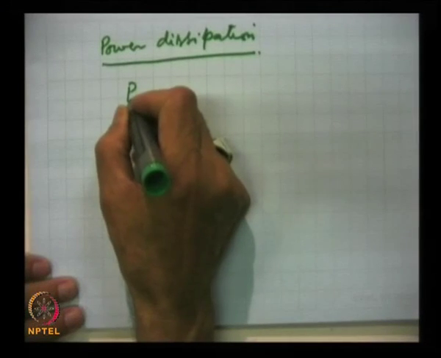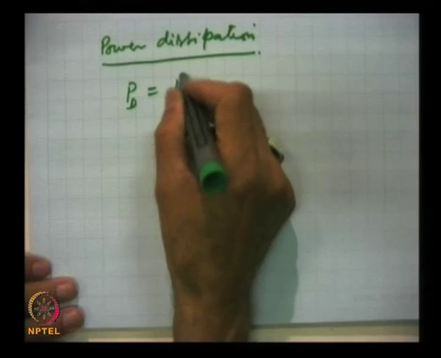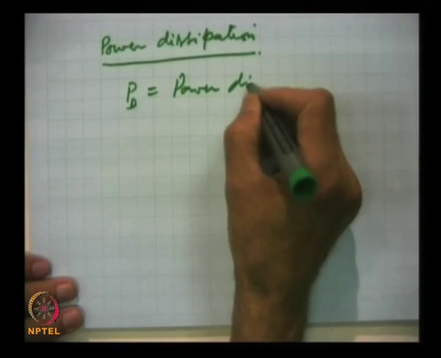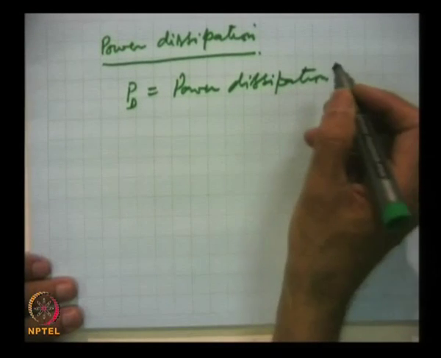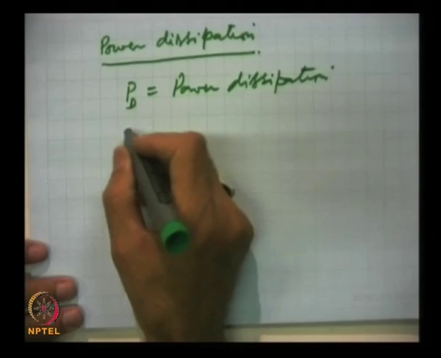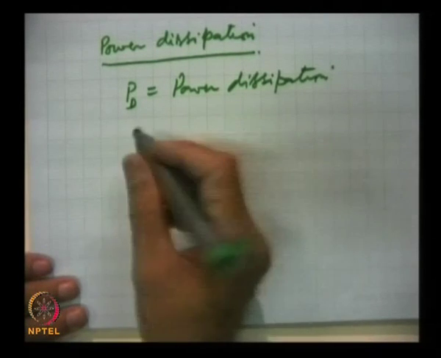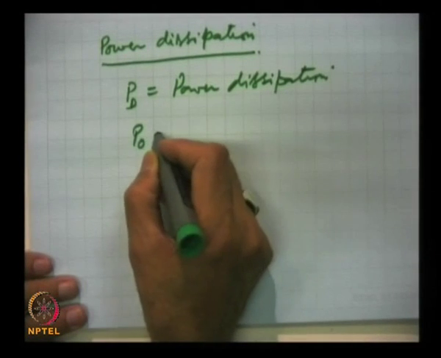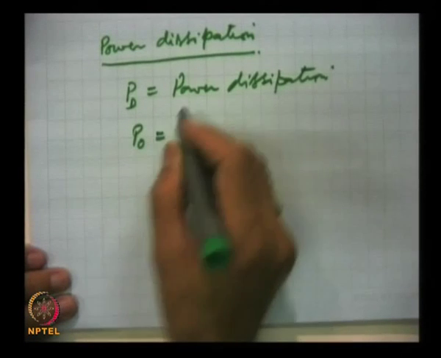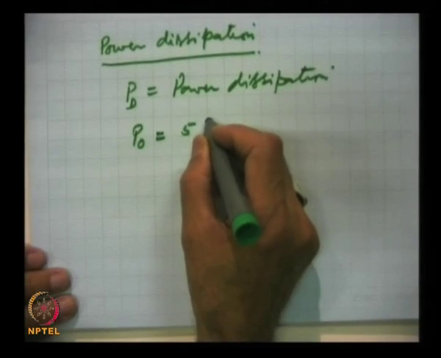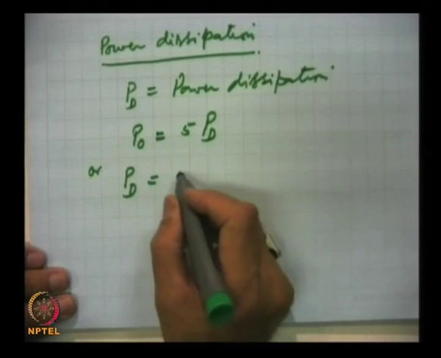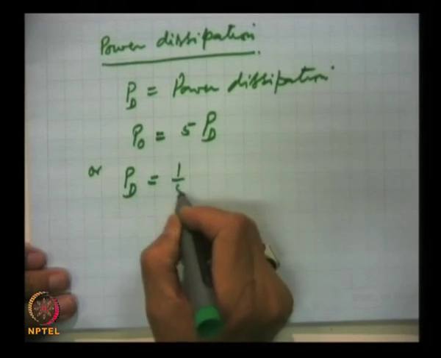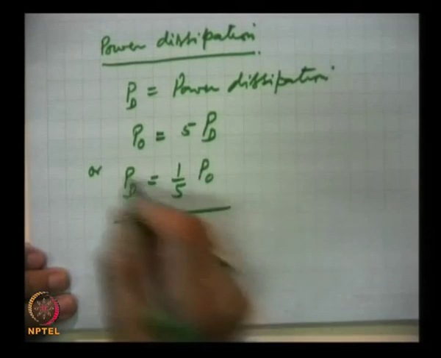The PD, power dissipation, is 1/5 of PO. Output power is 5 times PD, or PD is 1/5 of PO.